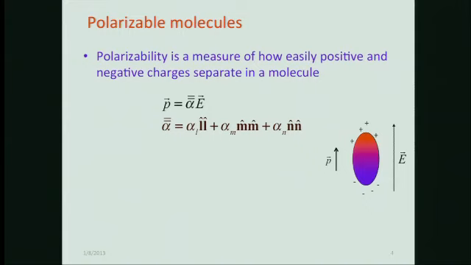But in general, alpha is a second-rank tensor with three principal values along three different orthogonal directions, and the alpha L, M, N will be functions of the lengths of the semi-axes of the molecule.